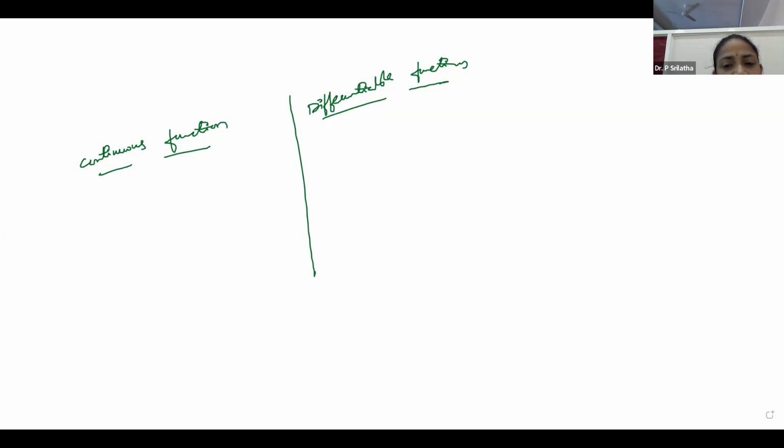Yes, ma'am. So what is a continuous function and what is a differentiable function? A continuous function is something where for every x value there is a real y, and there are no breaks in the graph.